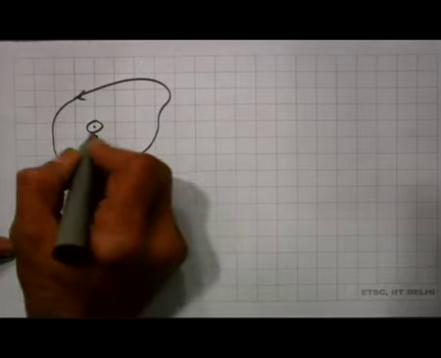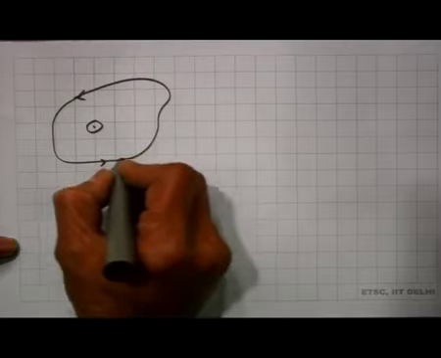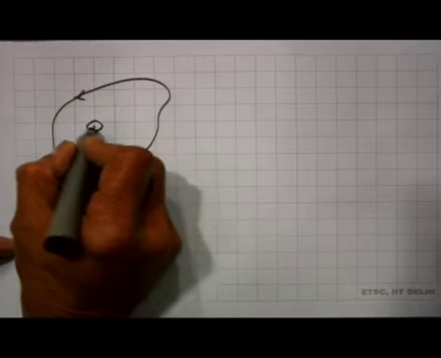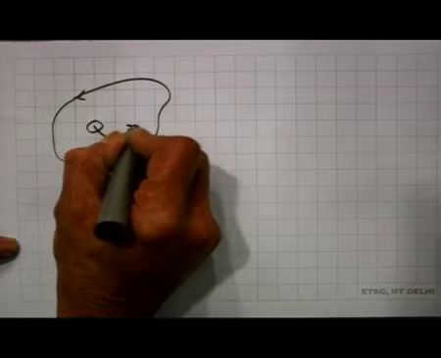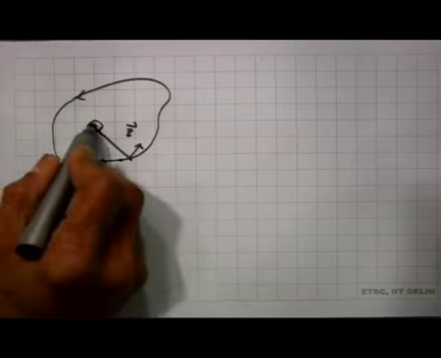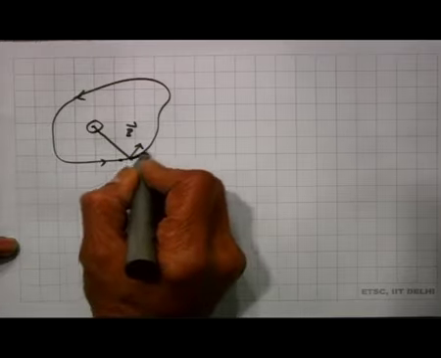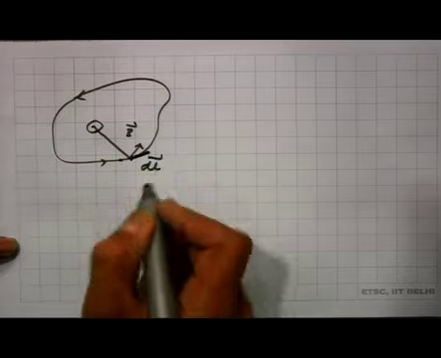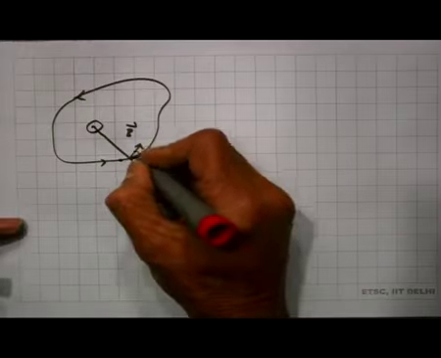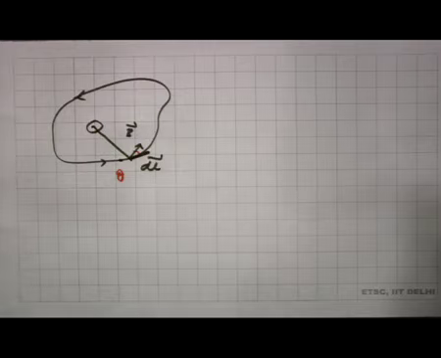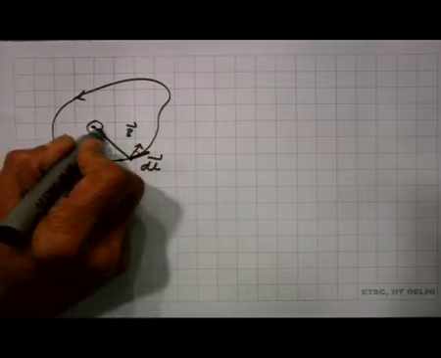So, let me try to draw a figure here. For example, at this point B vector is perpendicular to this line, this is the line joining the center to this point, B vector is like this and dl vector is here. Let me call this angle in between as theta. Let me draw another line here.